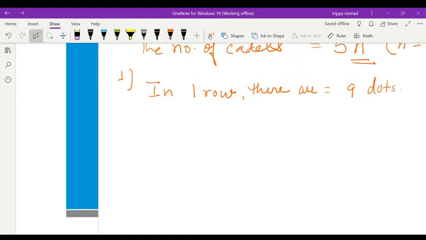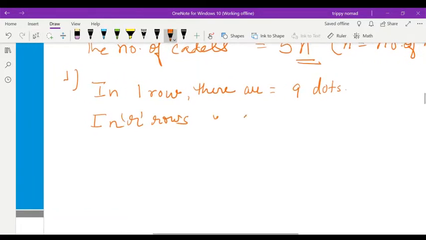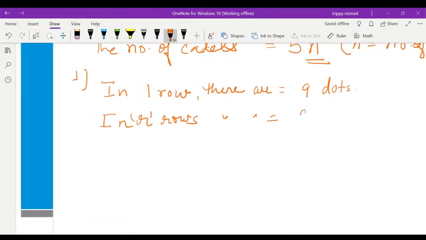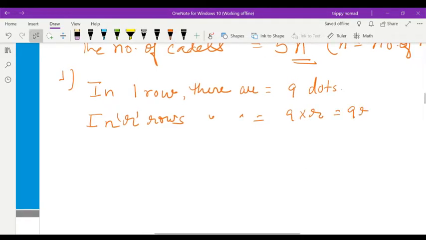What they asked: if she is having R rows, in R rows there are 9 into R, that is 9R dots.